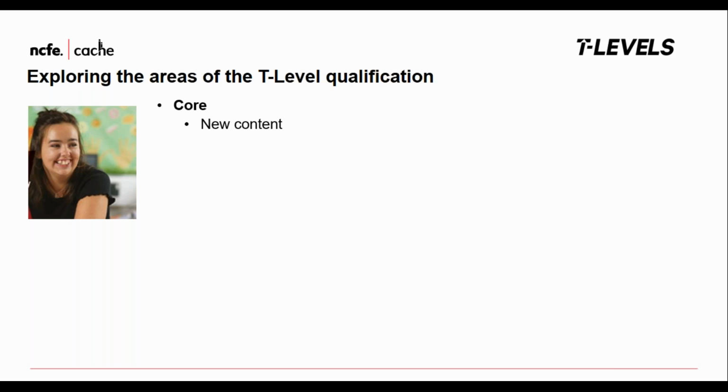Thank you, Helen. So if we think about the core content, there is familiar content held within the new T-level for education and childcare, but there's also new content, such as the scope widening to include 0 to 19 years, and further learning around pedagogy, curricula and theory. Formative assessment is much more critical now to allow for knowledge checks to support the confidence of students.